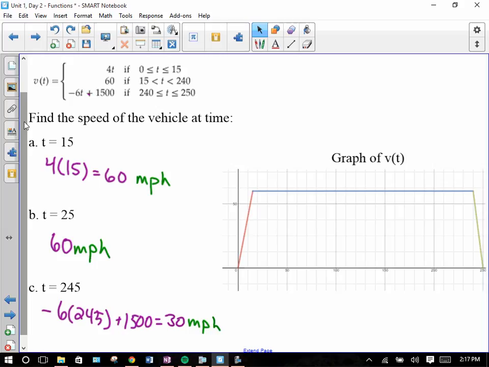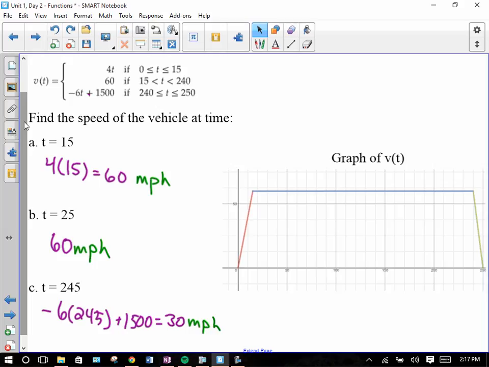What I want you to understand, moving into what we're going to be talking about in the next couple of days, is how to tell when a graph is increasing, which it looks like you already knew. It's increasing because it's going uphill.